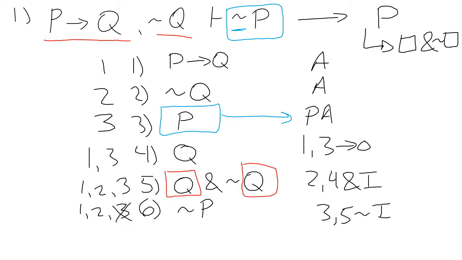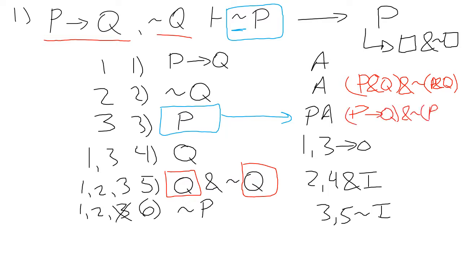So contradictions can look like Q and not Q there, but it could also look like P and Q and not P and Q, or it could look like P arrow Q and not P arrow Q. These are all contradictions. What's not a contradiction is something like this. That's not a contradiction.